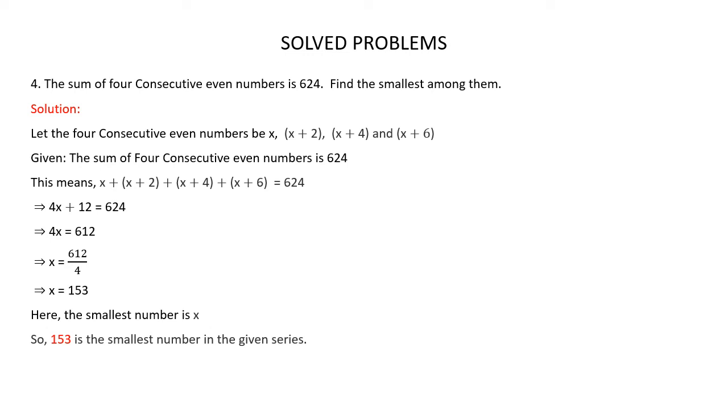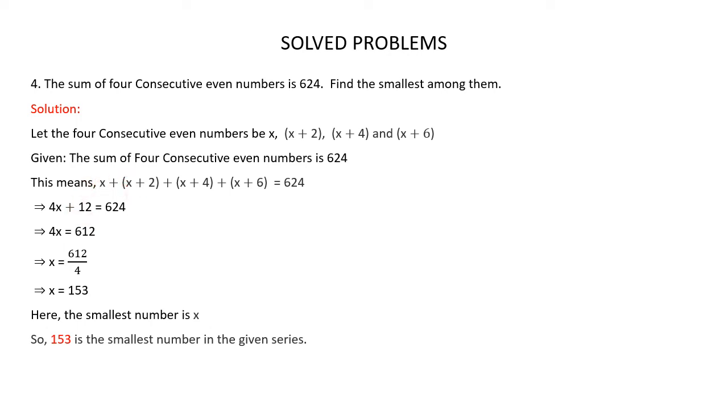The smallest number in this series is x. So you have to find the value of x. It's given that the sum of 4 consecutive even numbers is 624. This means x plus x plus 2 plus x plus 4 plus x plus 6 is equal to 624. That is 4x plus 12 is equal to 624.